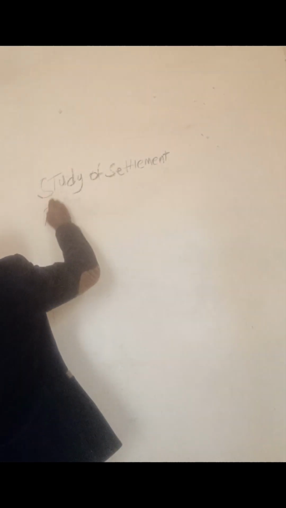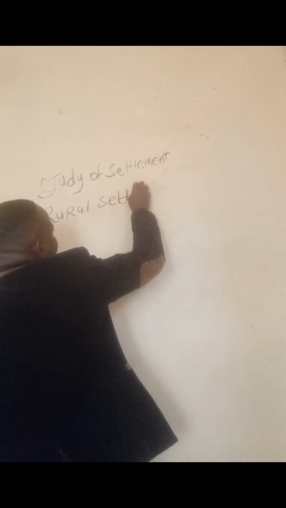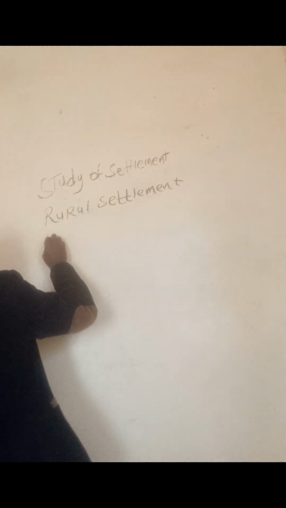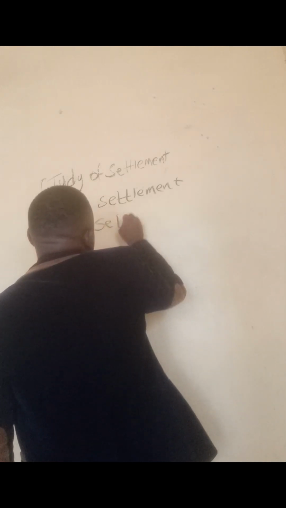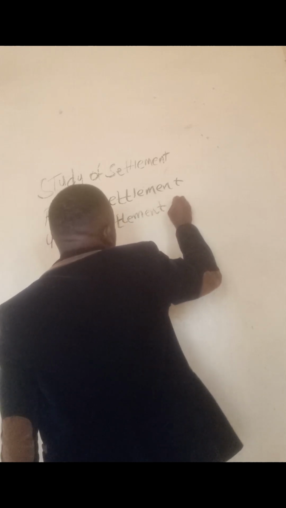At this point, we know that settlement can be rural settlement and urban settlement.